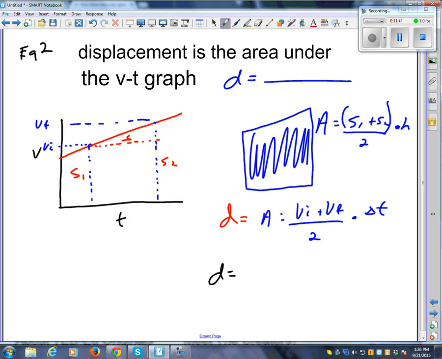So I'm going to have 1/2 times VI plus VF. And again, I'm going to let the delta t just become t, because 99% of the time the initial time is 0. A lot of books leave the delta t in there. I think it's confusing for kids.